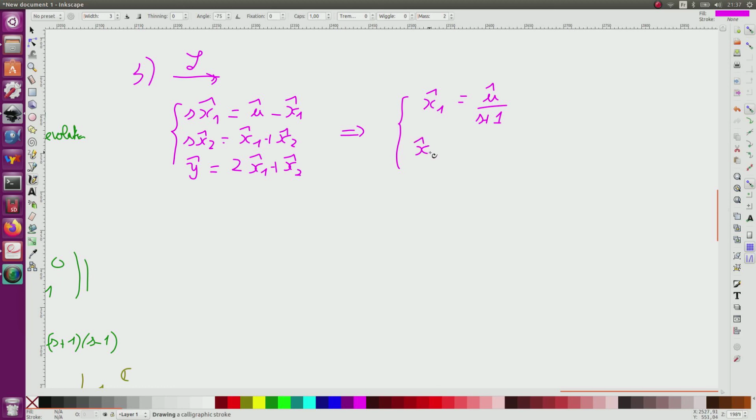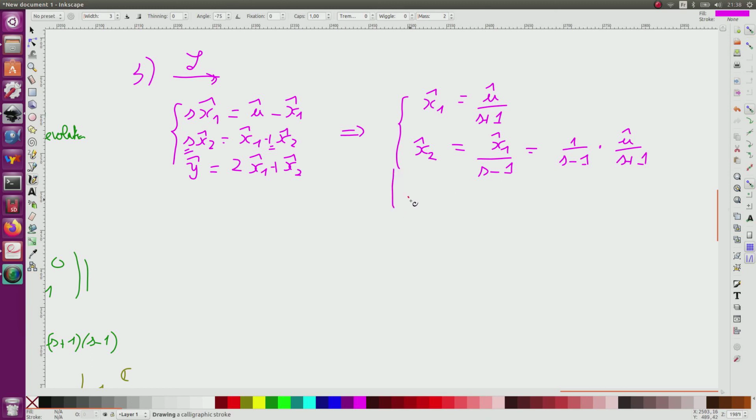X hat 2, I can isolate it, and it is equal to x hat 1 divided by s minus 1, so s here and minus 1 due to this. Since I know x1, I have 1 divided by s minus 1 multiplied by u hat divided by s plus 1.